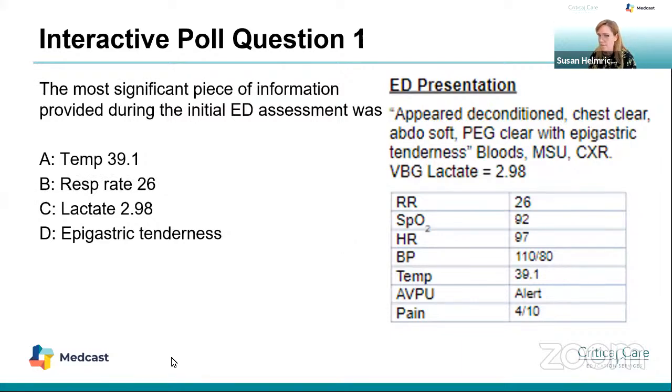So a lot of you have identified the elevated temperature as being most concerning, a temperature of 39.1, with a fairly even spread between respiratory rate and the lactate level. It's good to see some of you identifying the lactate, and then the epigastric tenderness being of concern.